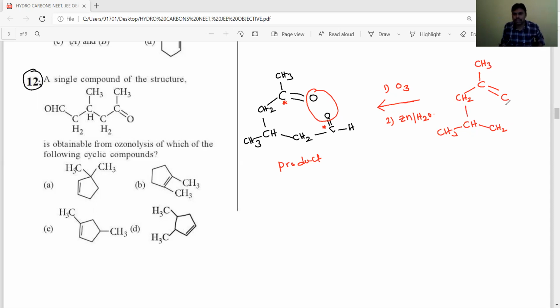This CH2 is connected with this carbon CH, meaning we'll get a 5-membered ring. So if you want to identify this compound's name, it is 1, 2, 3, 4, 5. This is nothing but the bond line structure.